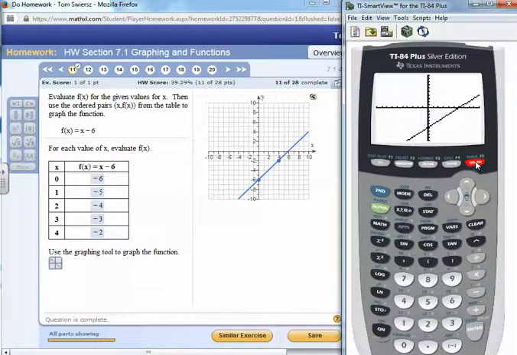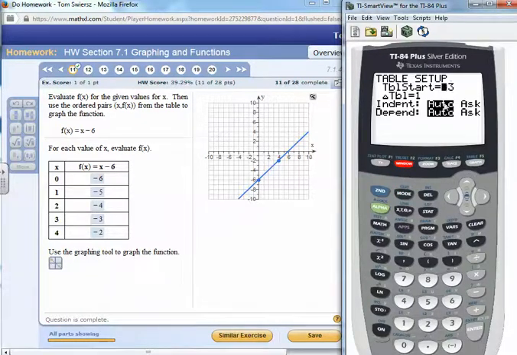So what you want to do is set the table. First we need to get out of this, so we'll do second mode for quit, and then second and the window key for table set. Usually we start at something like -3, increments of 1, and leave both of these at auto.